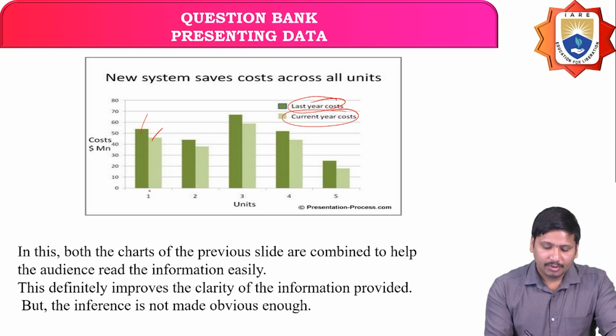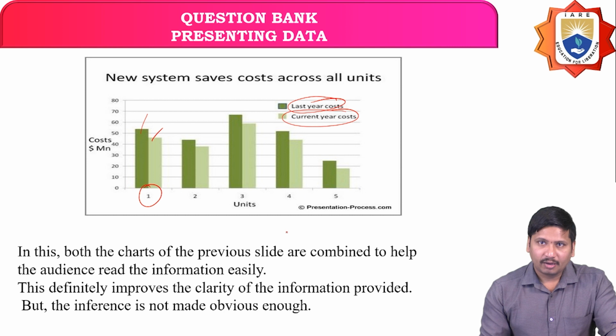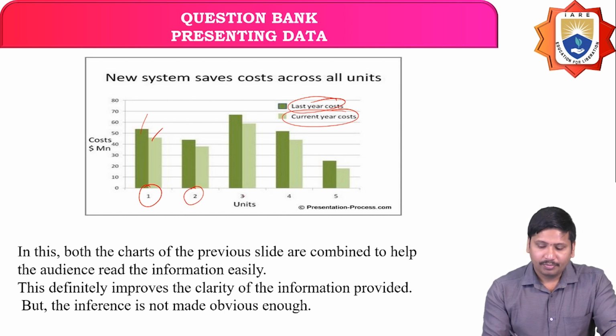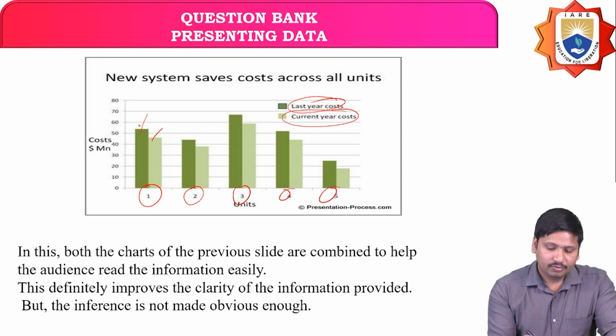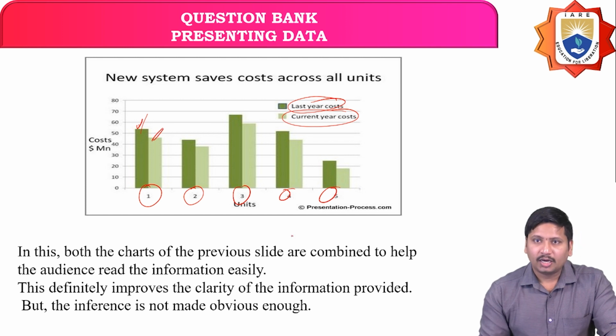By seeing the number of sales in January side by side, I can make the comparison very quickly. Similarly in January, February, March, April, and May. By seeing this, last year's sales are more when compared to the current year's sales.